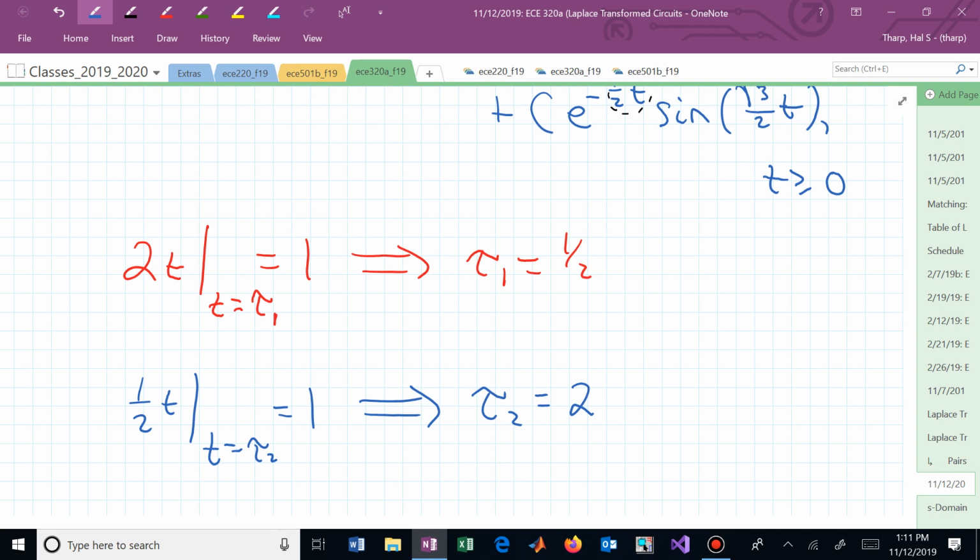right? In this particular example, we look at the biggest tau, which is the slowest exponential, e to the minus 1/2, that's the 2. We have to wait 10 seconds. That's quite long, but we had a 1 farad and a 1 Henry inductor, 1 farad capacitor. Now, we're just showing you the process.